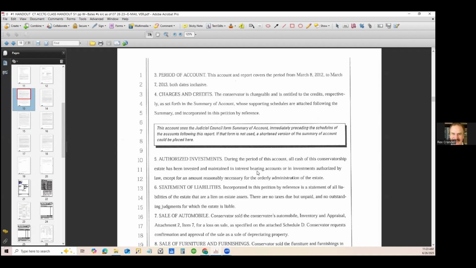If I'm producing this for a pro per, I somewhat will refer them back to a probate code or a conservatorship manual, which states what needs to be done. If it's a law firm, I will tell them, hey, you may want to quickly tell your conservator that I don't see this being in interest-bearing accounts, and the courts look at it.